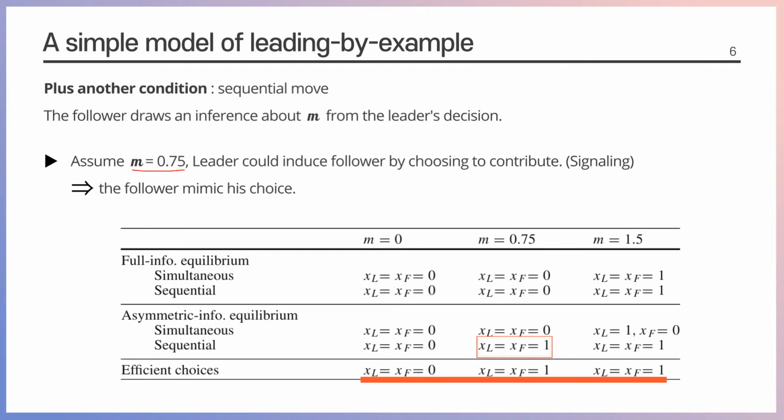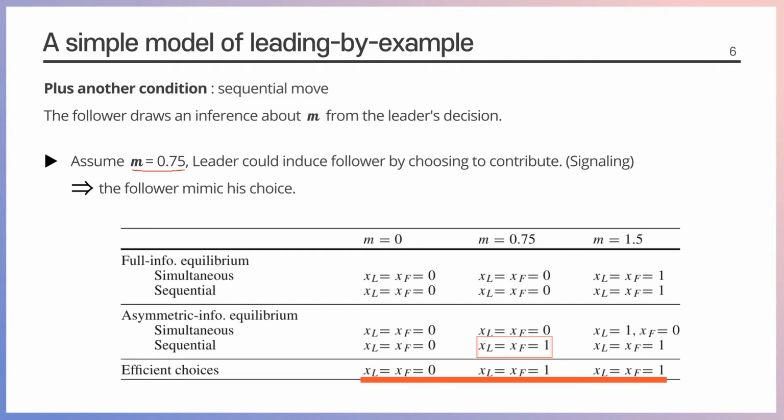But with the sequential move, the leader could induce the follower by choosing to contribute. It is like delivering the information that I know what m is, and with this m, contribution is the best choice. This is what we call signaling. Thus, in the end, the follower mimics the leader's choice, and both players choose to contribute.